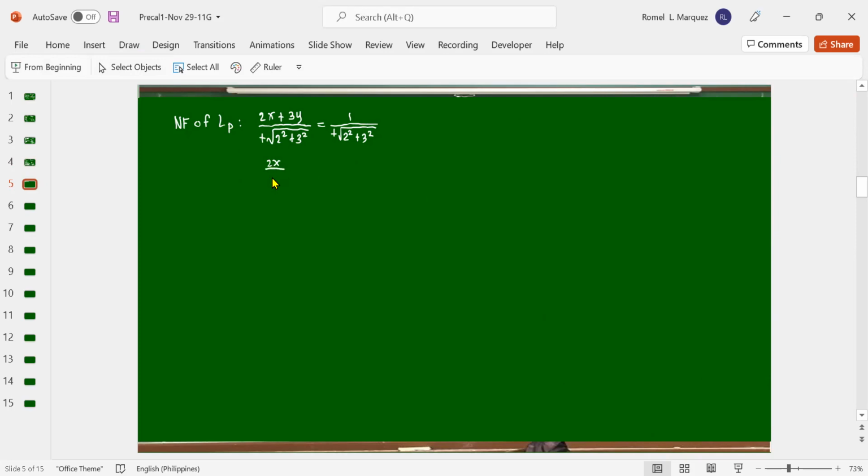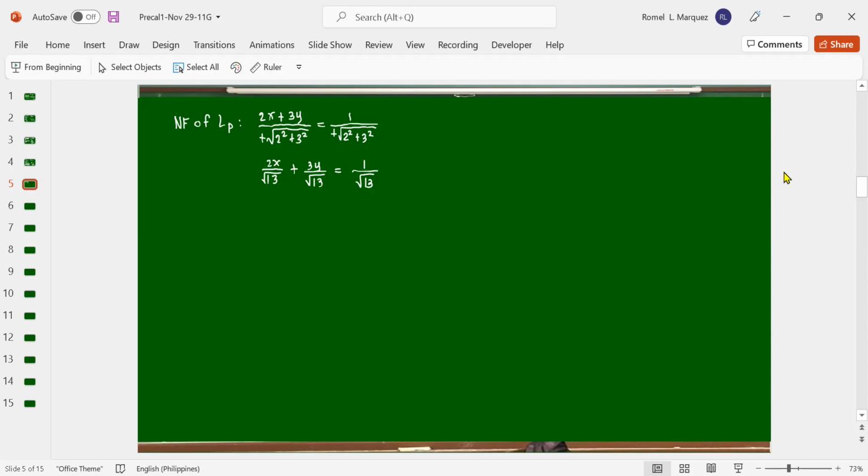So getting 2x over 5. Okay? I don't know. Is it right? Oh, it's not. It's square root of 13. Then plus 3y over square root of 13. What about the right side? 1 over square root of 13.